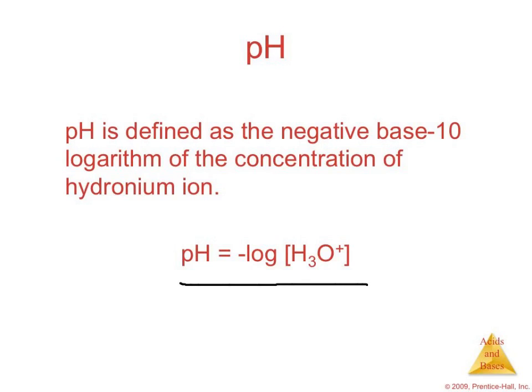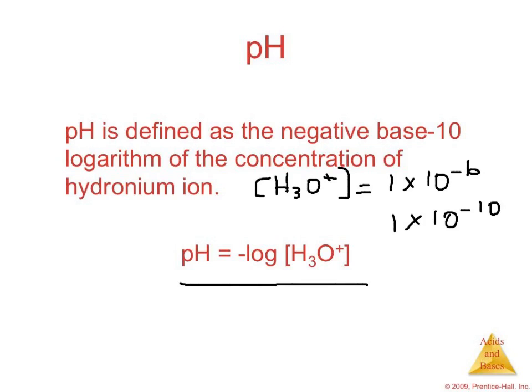Because when we're talking about these H plus concentrations, or H3O plus concentrations, a lot of times they're really, really small concentrations, like 1 times 10 to the negative 6th, or 1 times 10 to the negative 10th, okay? Or just really small numbers.